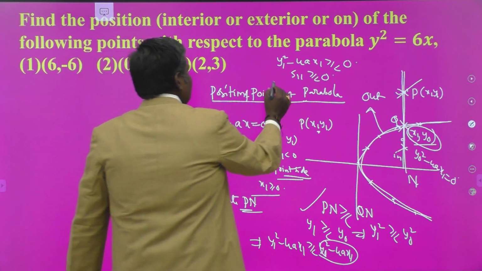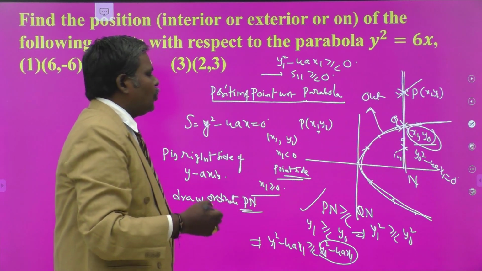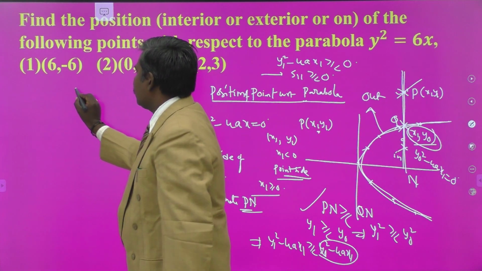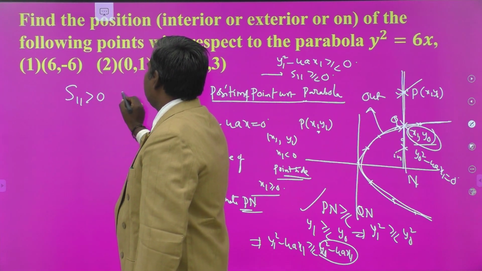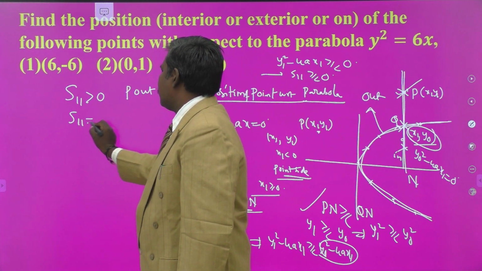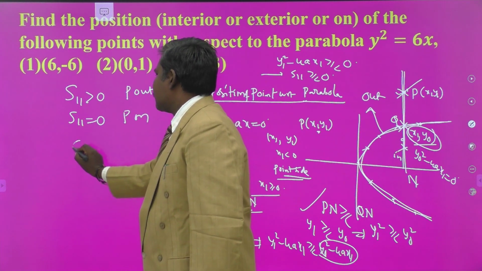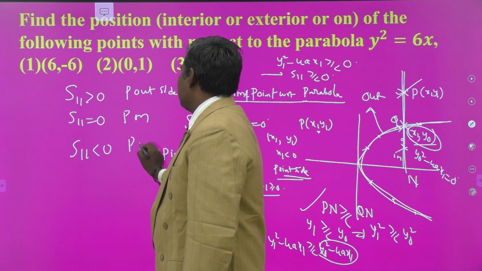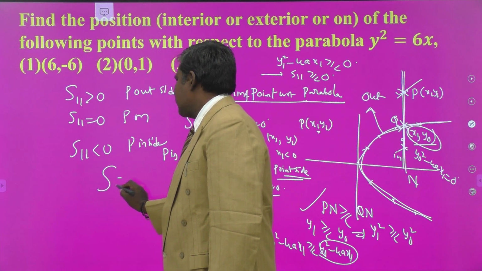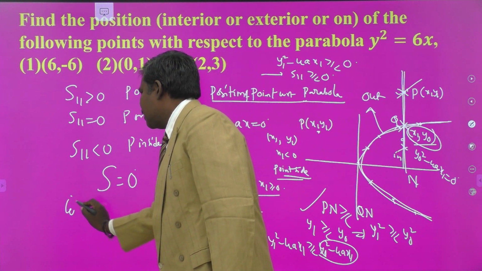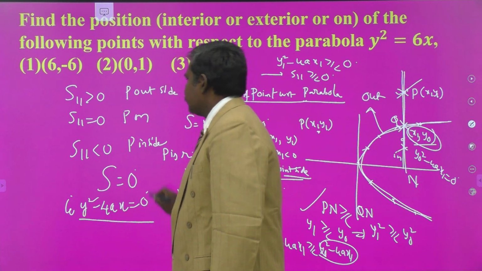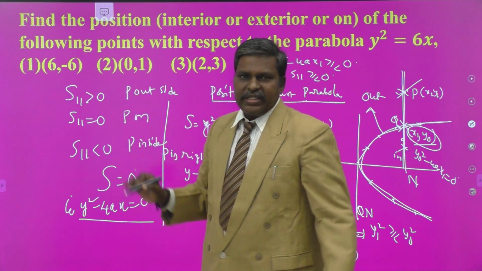So, if S11 is greater than 0, P is outside; S11 equals 0, P is on; S11 less than 0, P is inside the parabola. Here S equals 0 means y square minus 4ax equals 0. This is the output we discussed now.